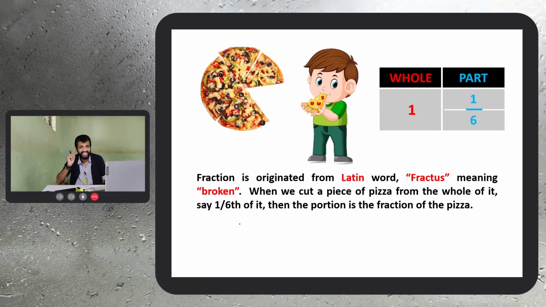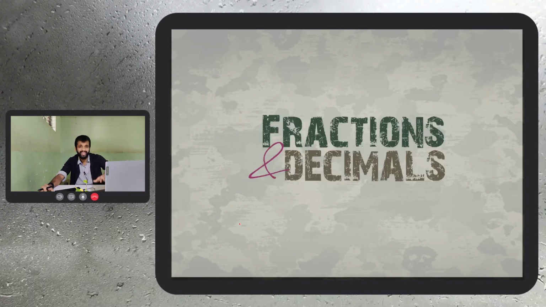So you're not eating the entire pizza, but you are eating 1 piece out of those 6 pieces, which means you are eating the part of it, the broken part, the fraction of it. Okay, and that is what we are actually studying in this chapter, which is fractions and decimals.